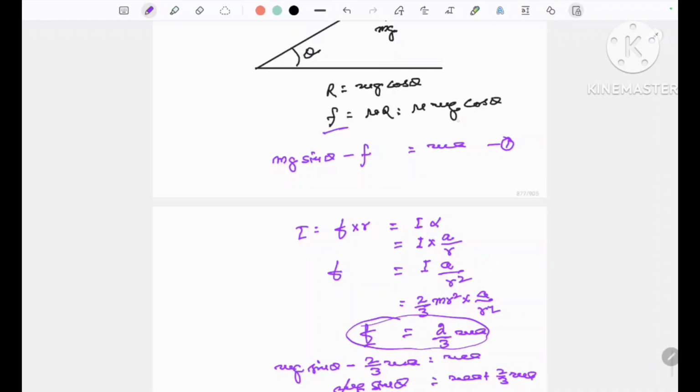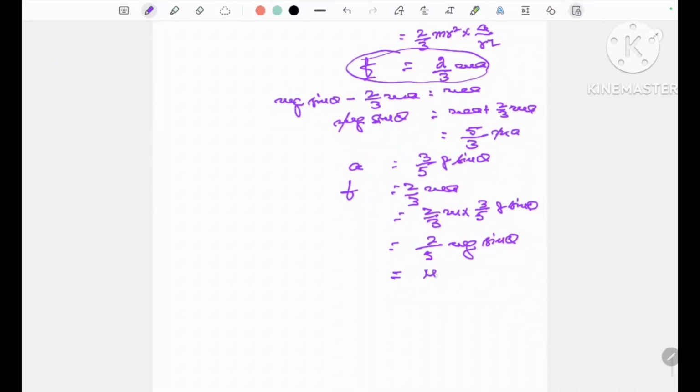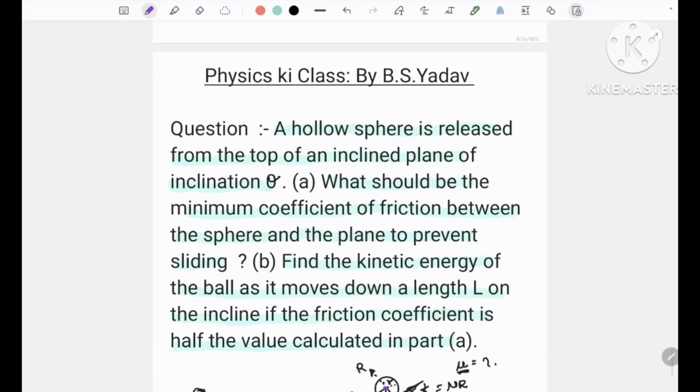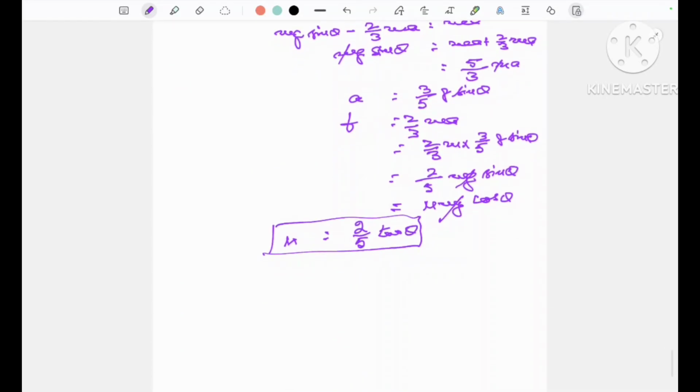From this equation, F is mu mg cos theta. mg cancels with mg, so mu is 2/5 tan theta. The minimum coefficient of friction to prevent sliding, mu, will be 2/5 tan theta.